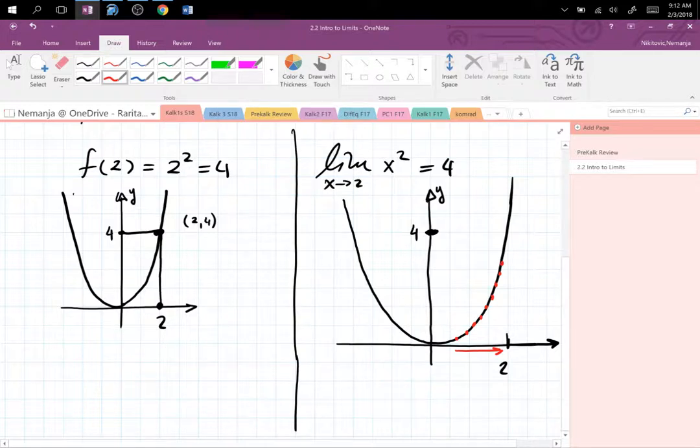As the x progresses from left towards number 2, the y values march up, in this case, up the curve, which means that they are also marching up. So there is a motion towards 2 which triggers the motion up the curve, which triggers the motion up the y-axis. So all of these are happening simultaneously, right?